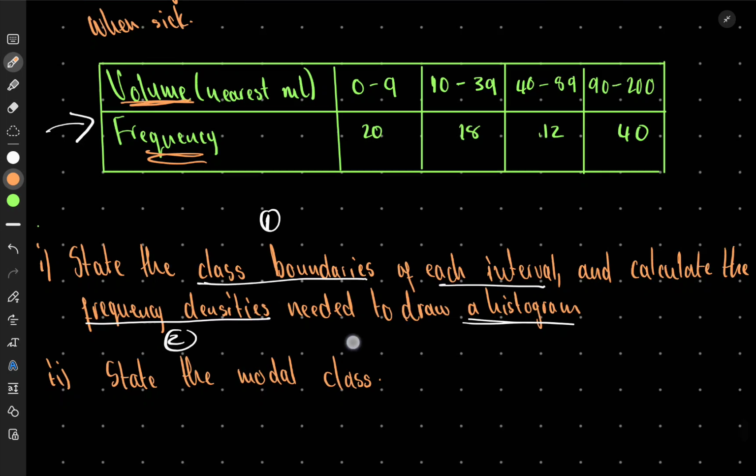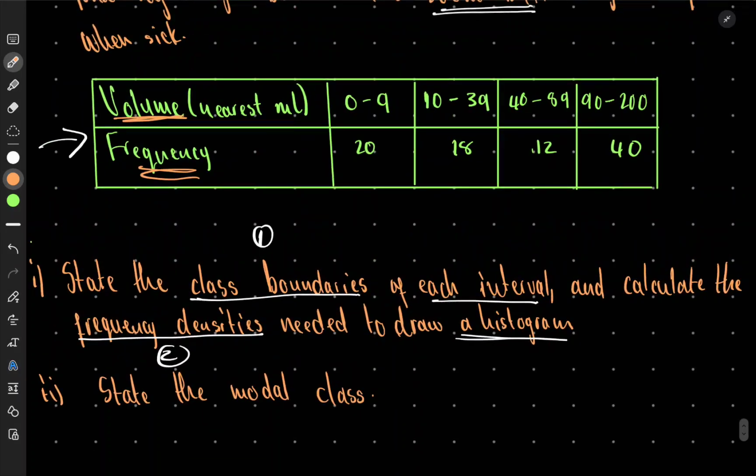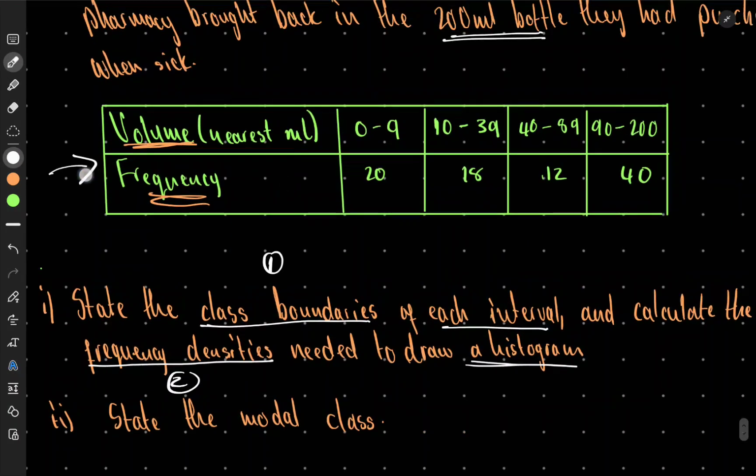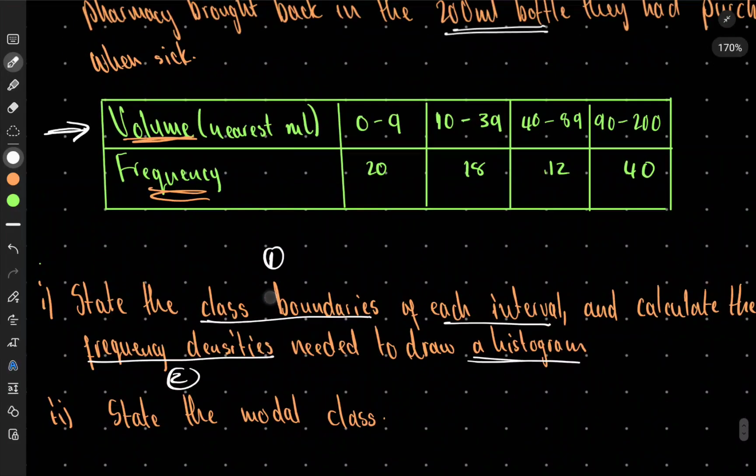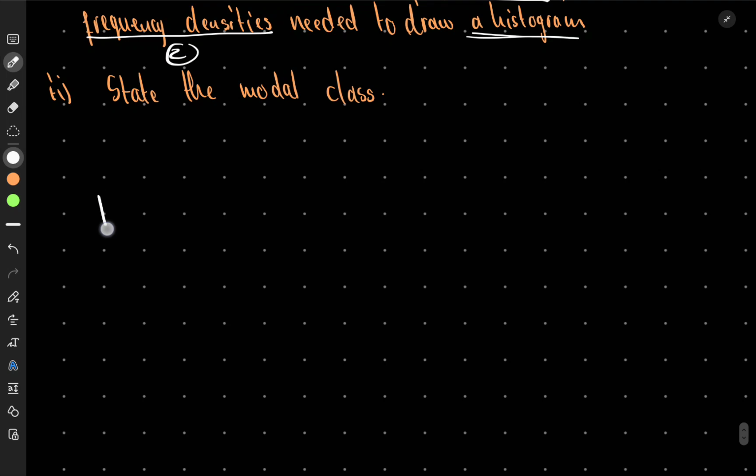Now, what are we going to do with this frequency distribution? We're going to convert it into a table that shows us boundaries. We take this row, volume, and make it a column: volume, and in brackets, to the nearest mil, because they say to the nearest 1 milliliter.